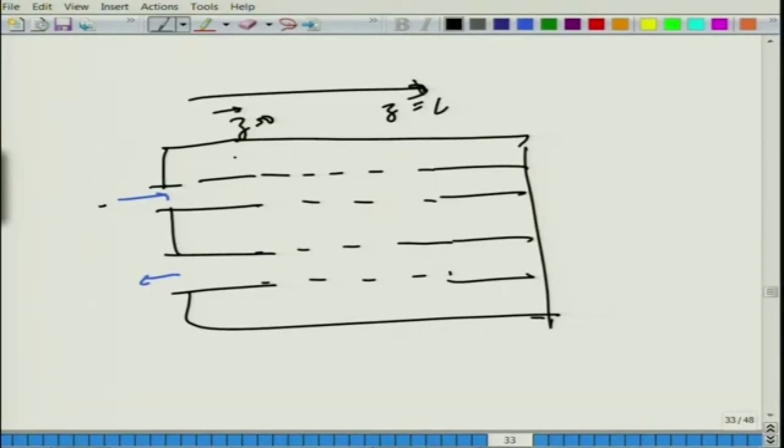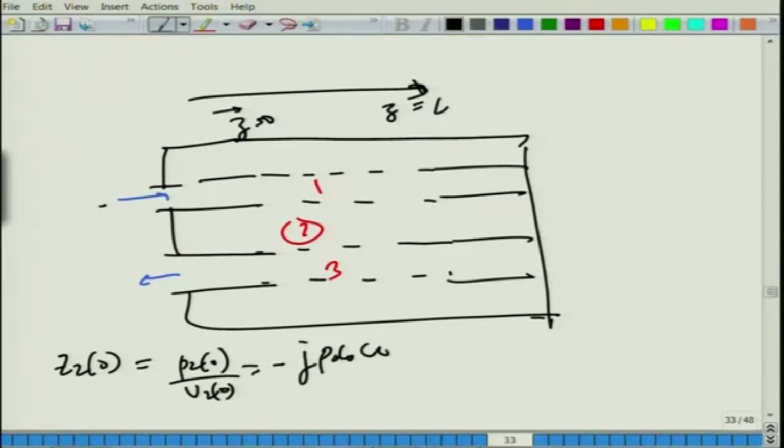At z is equal to 0 we have the following boundary conditions which are relevant to this particular configuration. So, Z2, that is basically this is your duct 2, with 1 and 3. So, Z2 is equal to P2 of 0, and U2 at 0 is equal to minus j rho naught c naught cot(k naught L A).